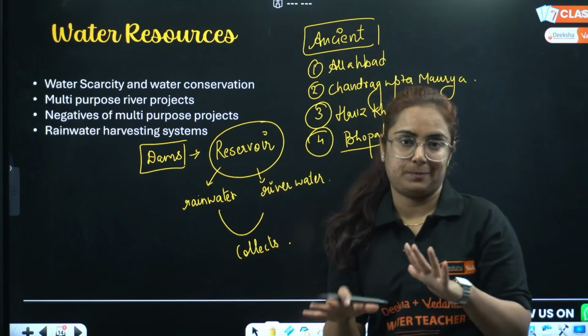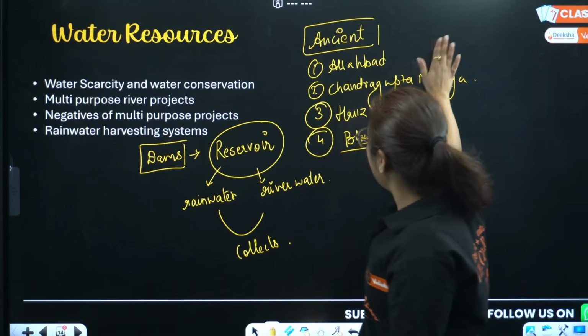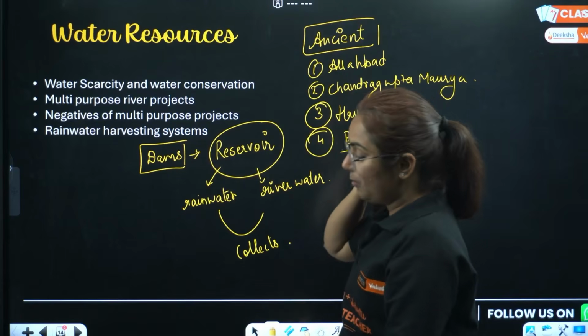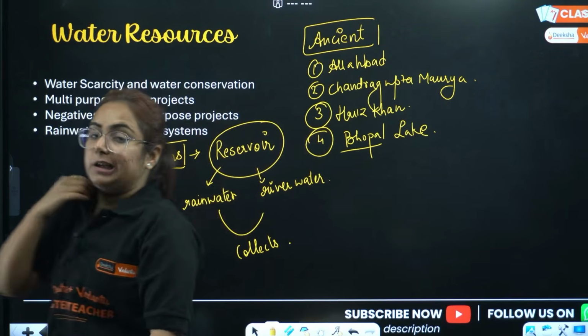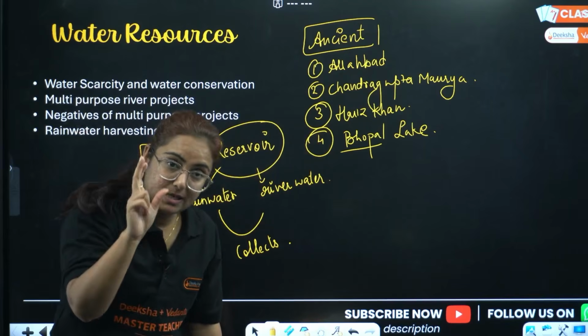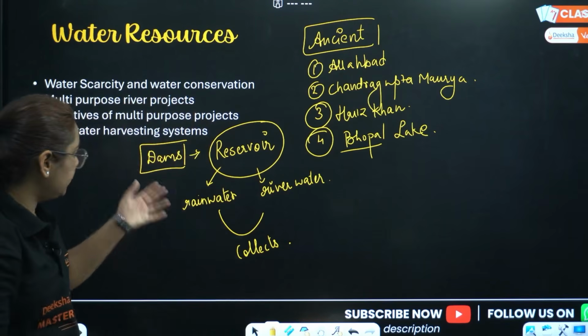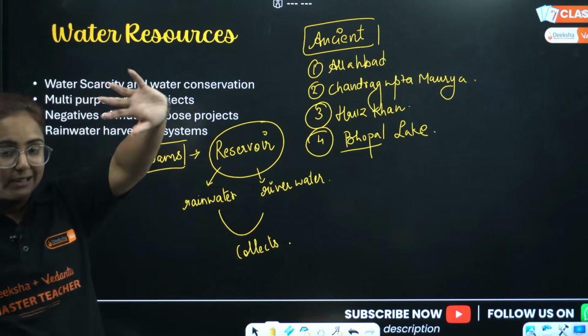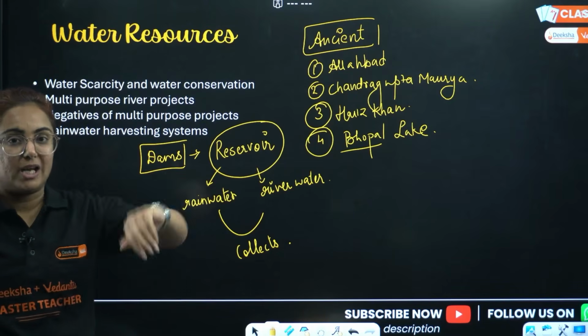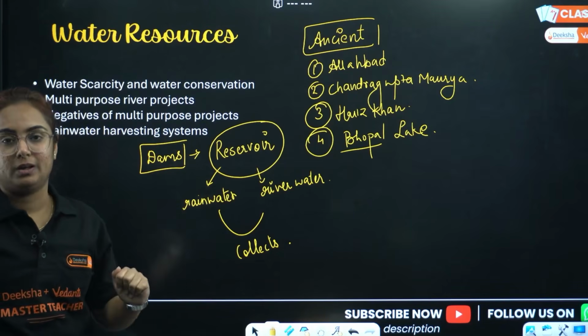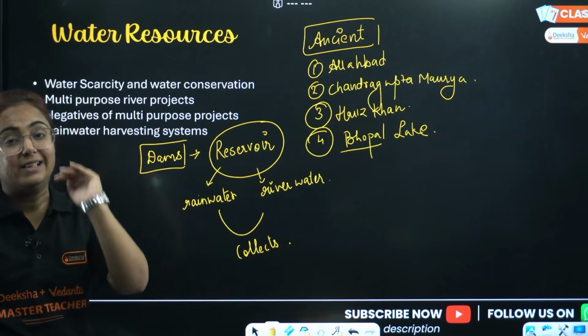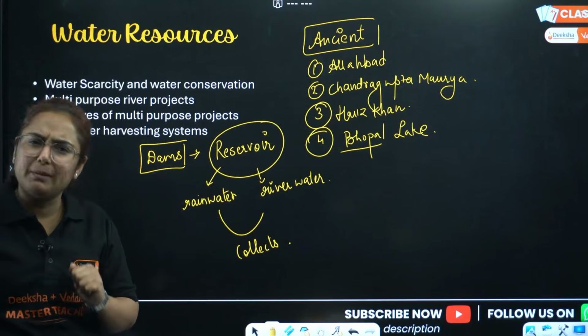But now dams were built from a modern perspective, which were referred to as multi-purpose, that the purpose of the dams now is not only this, but irrigating the fields, right, generating energy, getting my point, inland navigation and many more.